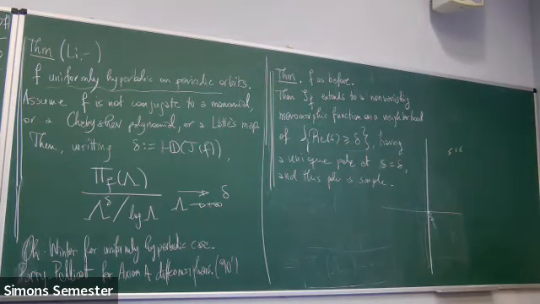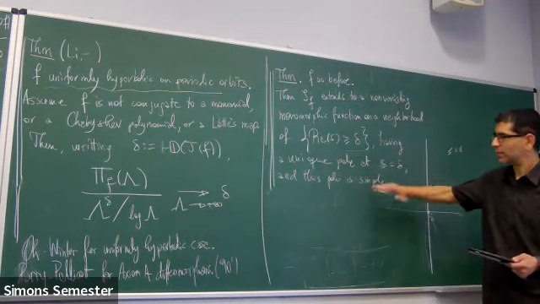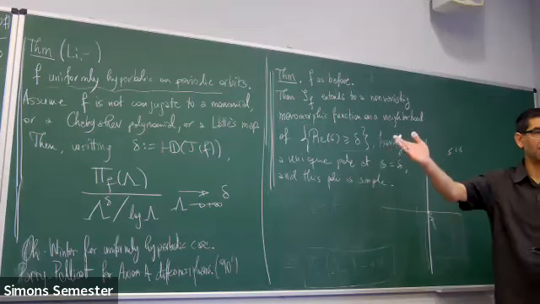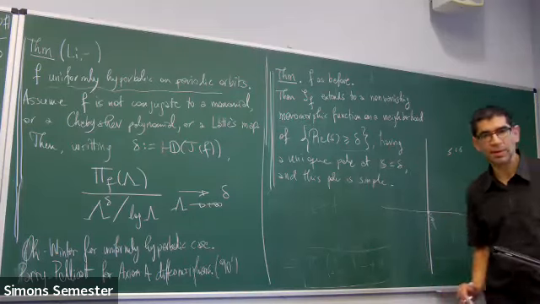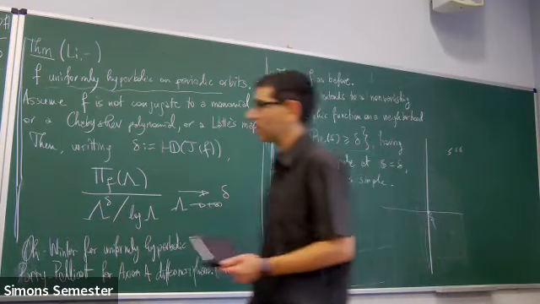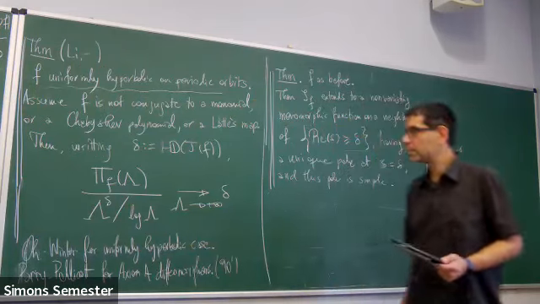Once you reach this stage, it's just copy and paste from the prime number theorem. It's exactly the same. You're better off reading any book on any of the proofs.